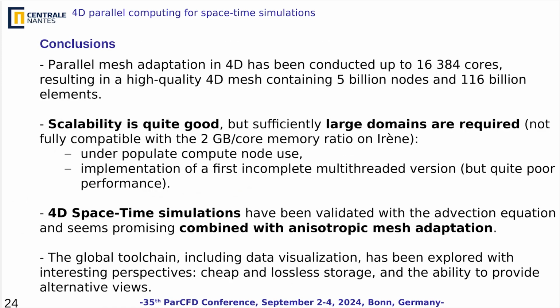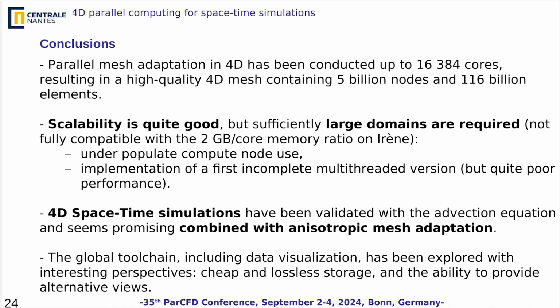So to conclude, we have been able to do parallel mesh adaptation in 4D up to 16,000 cores, with a high quality 4D mesh of 5 billion to 100 billion elements. The scalability is quite good, but we have to use a large enough domain.